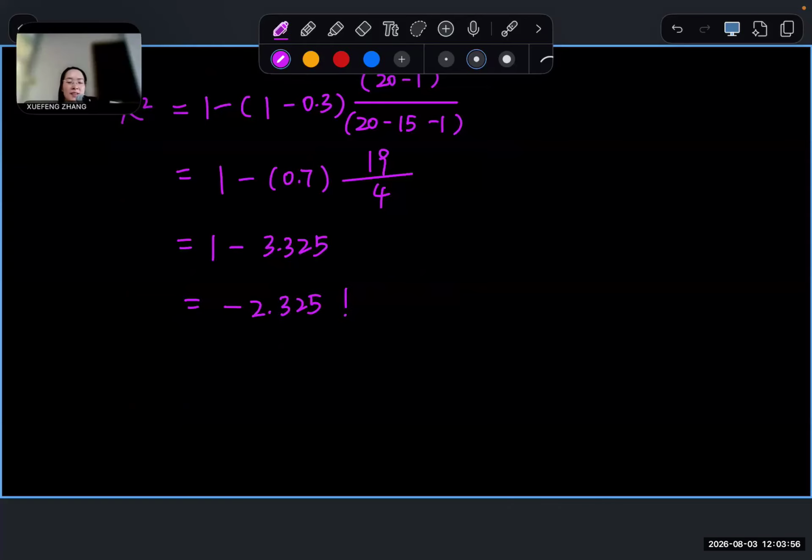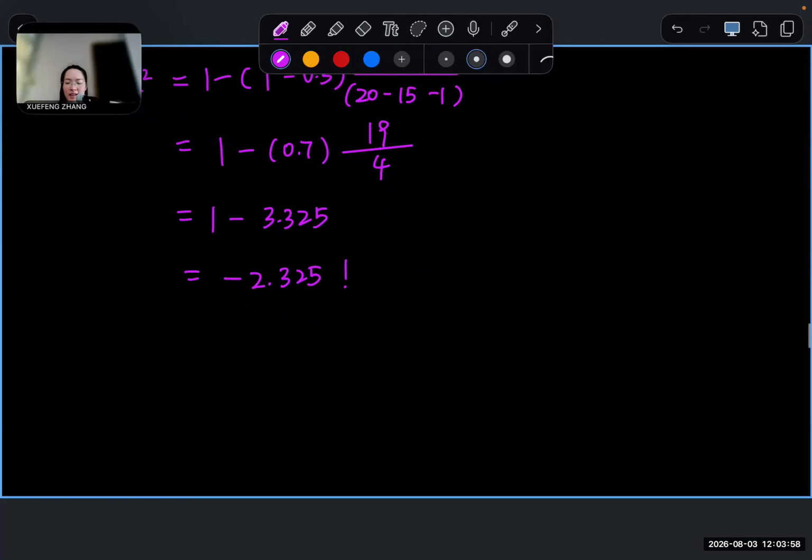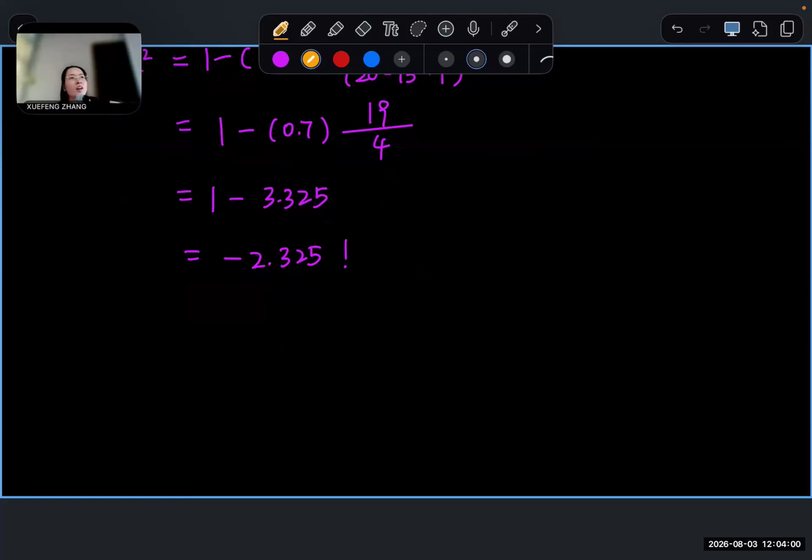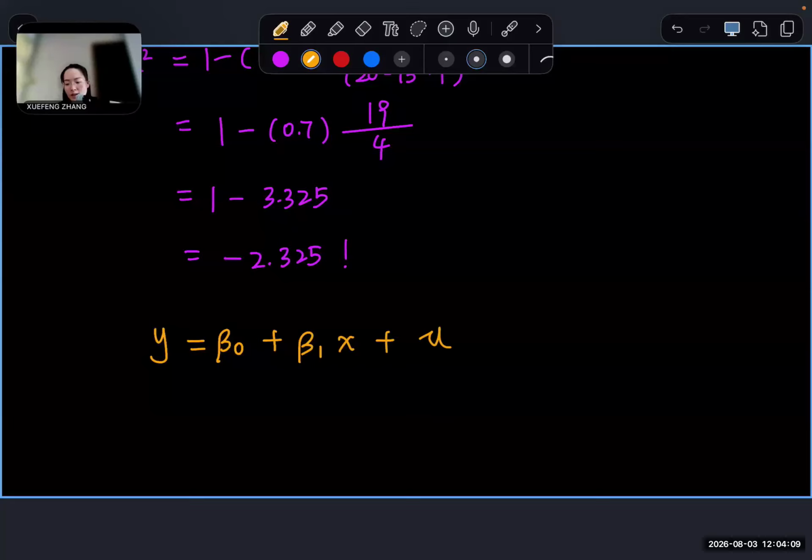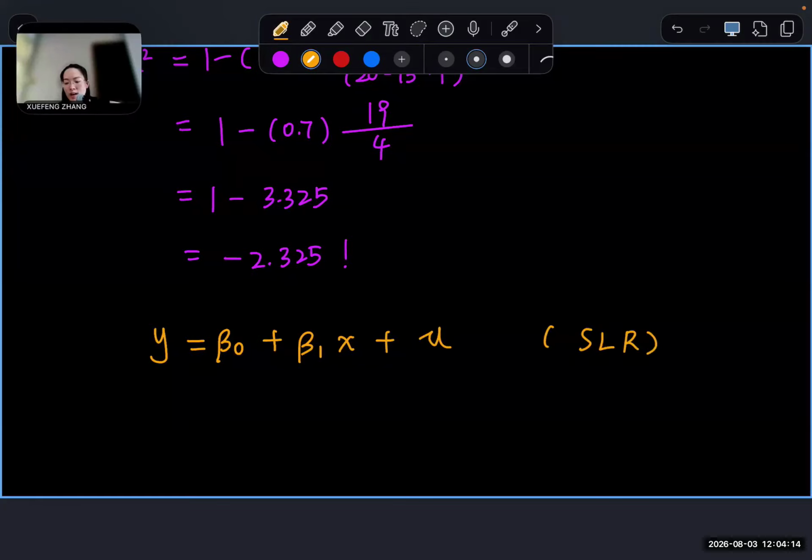What does it mean? Okay, let me help you. For simple linear regression, y equals beta 0 plus beta 1 x plus mu. This is our simple linear regression, right?